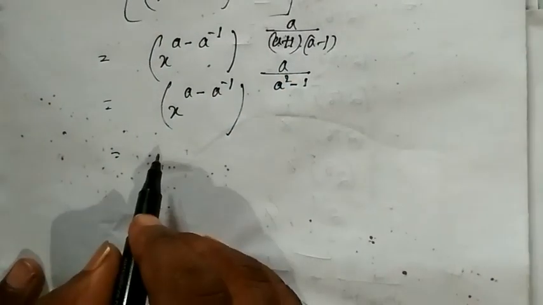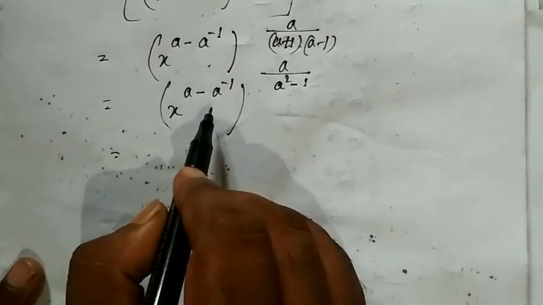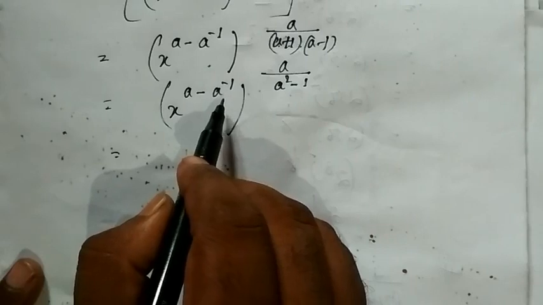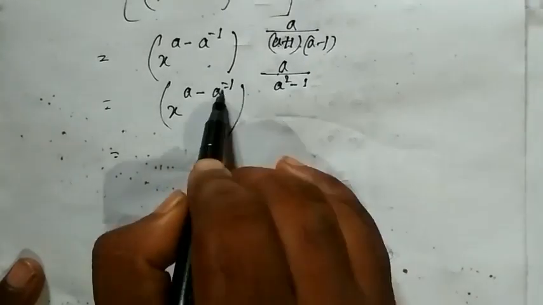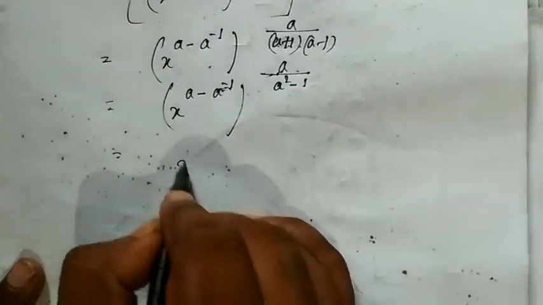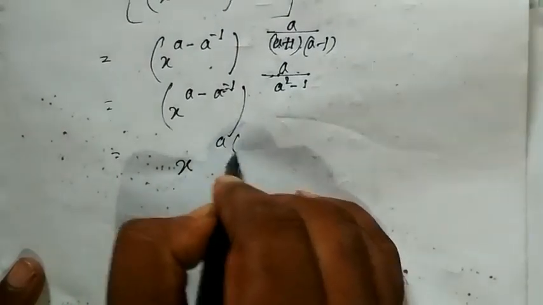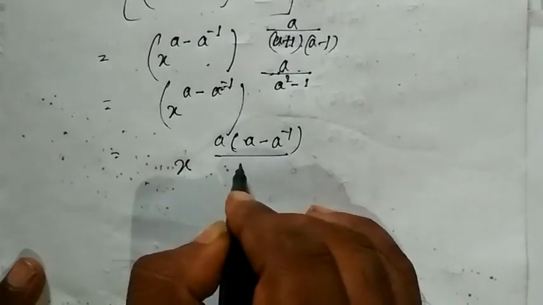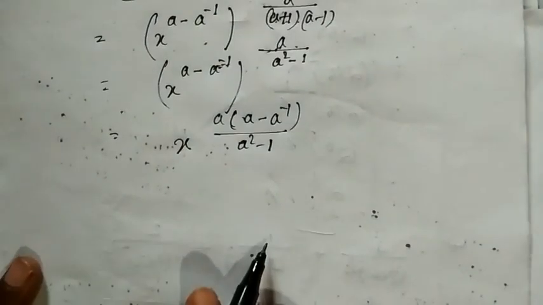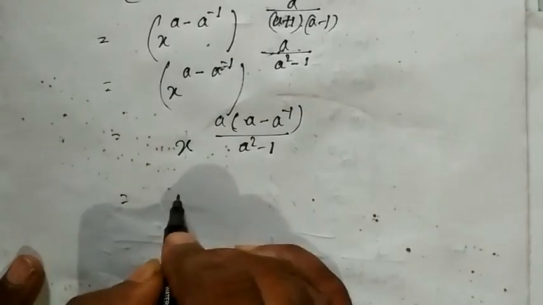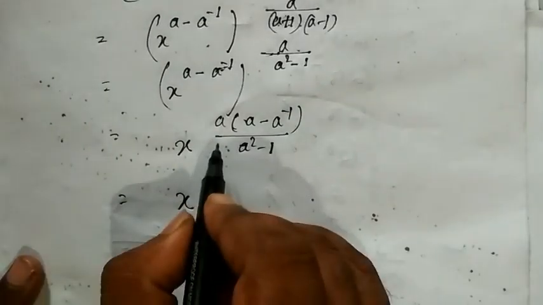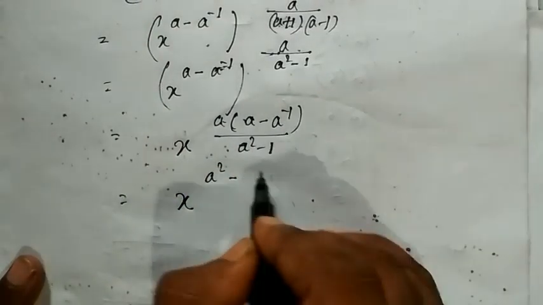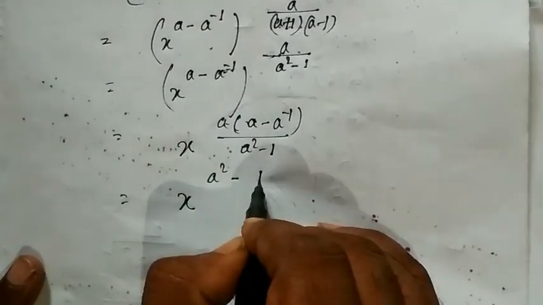Again according to the laws of exponent, these two exponents you have to multiply. Again x raised to the power a into a minus a to the power of minus 1 divided by a square minus 1. Again x raised to the power a into a minus a into a inverse is how much? 1.